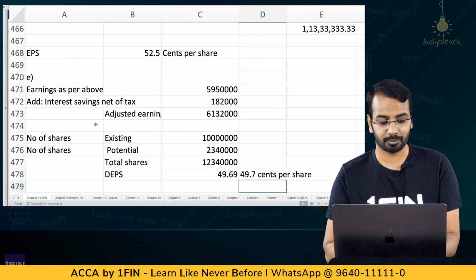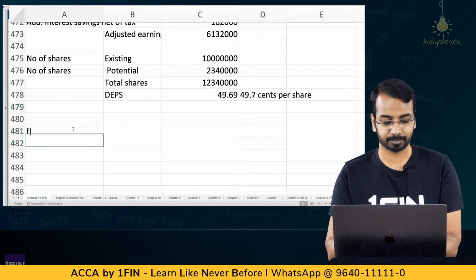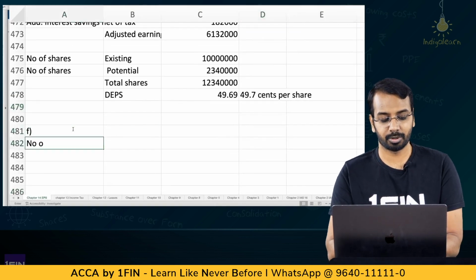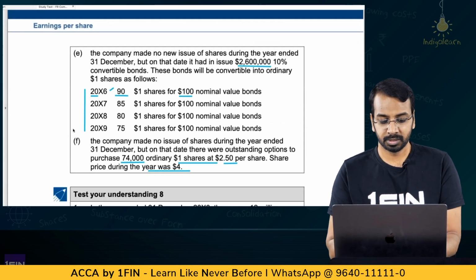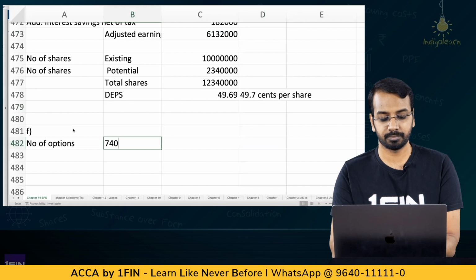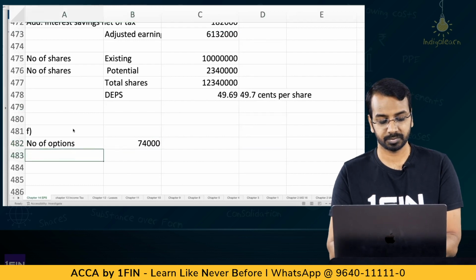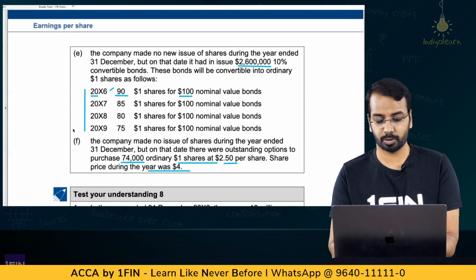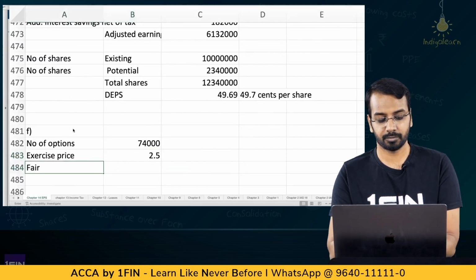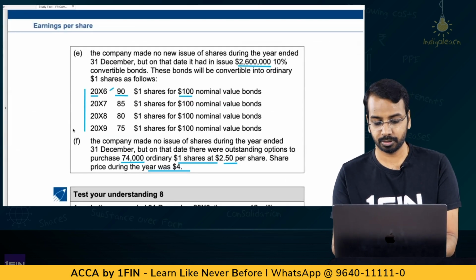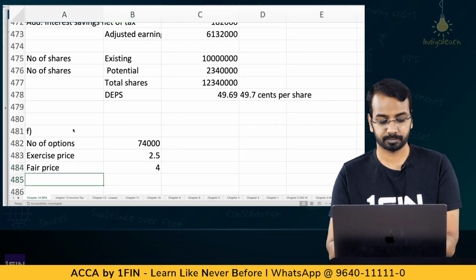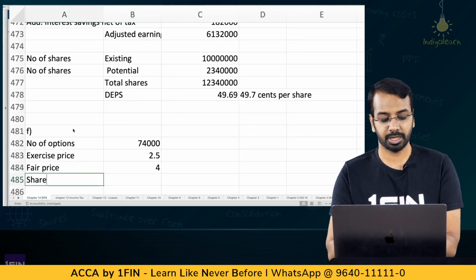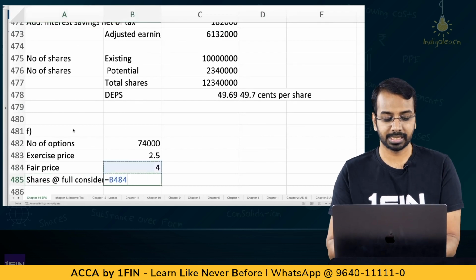So for point number F, number of options: 74,000. Exercise price: 2.5. Fair price, average: 4. Shares at full consideration would be 74,000.